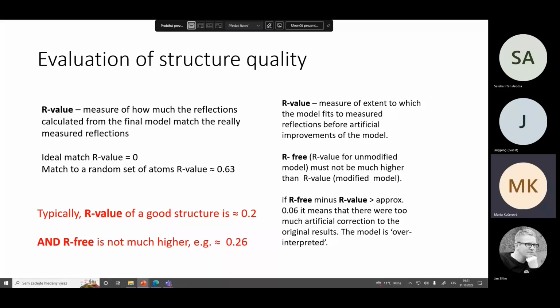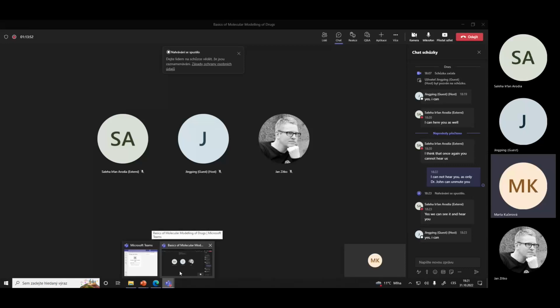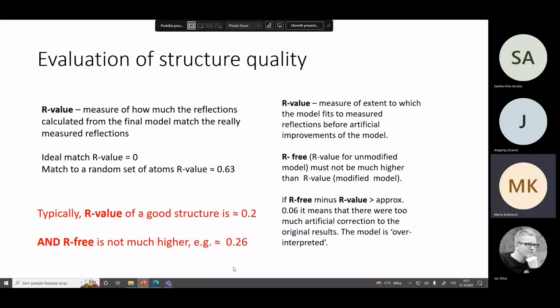And then they compare the measured diffraction pattern and the calculated diffraction pattern. The difference between these two patterns is the R value. So under optimal conditions, the R value should be 0, no difference. However, this is too idealistic. There are always some artificial modifications in the structure. So the R value should be up to 0.2.